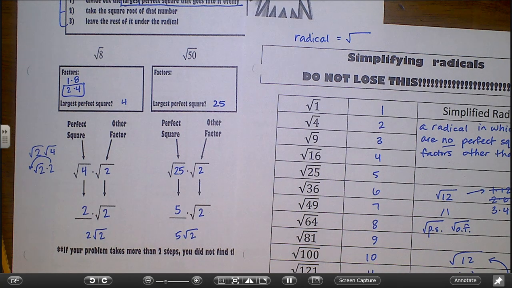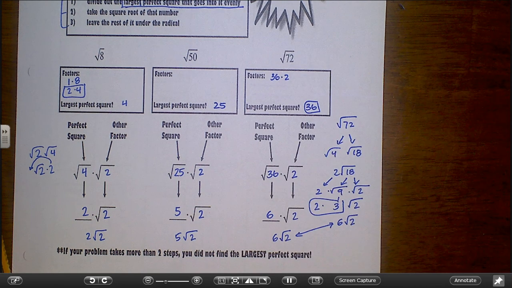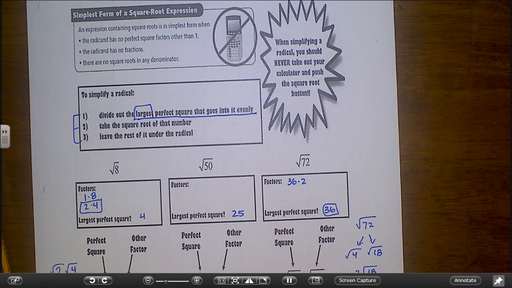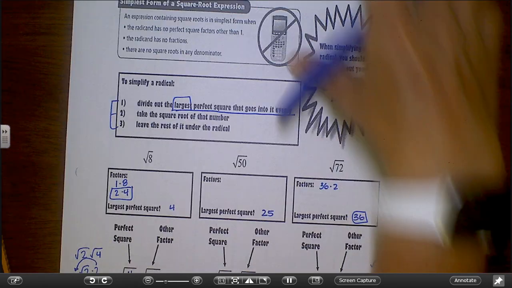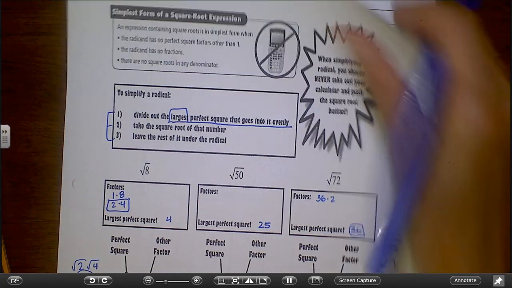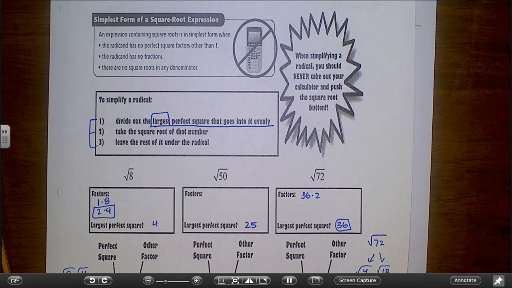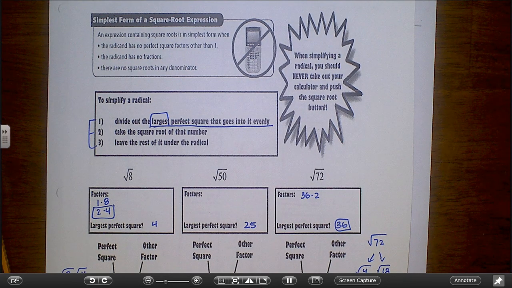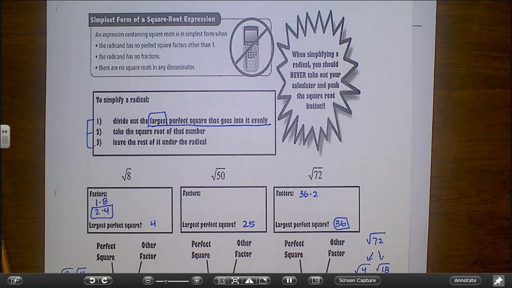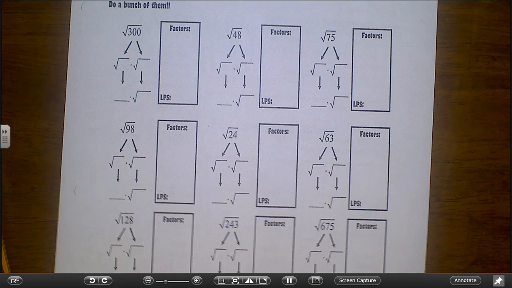Now, there are exceptions to that rule. One of them being if you have a really large number that you're trying to simplify, like say, the square root of 500 or something, then you're going to want to maybe start at the top, because starting at 484 and going all the way up is going to take a long time. Oh, speaking of, there we go.